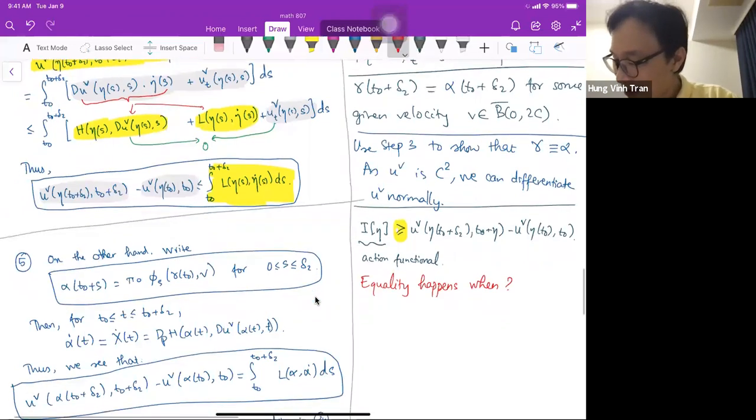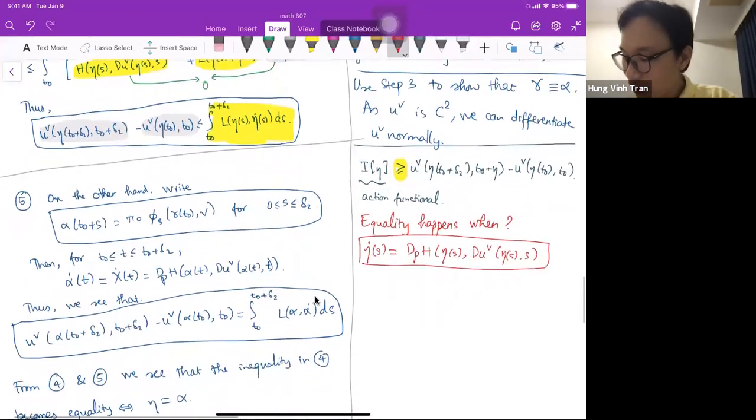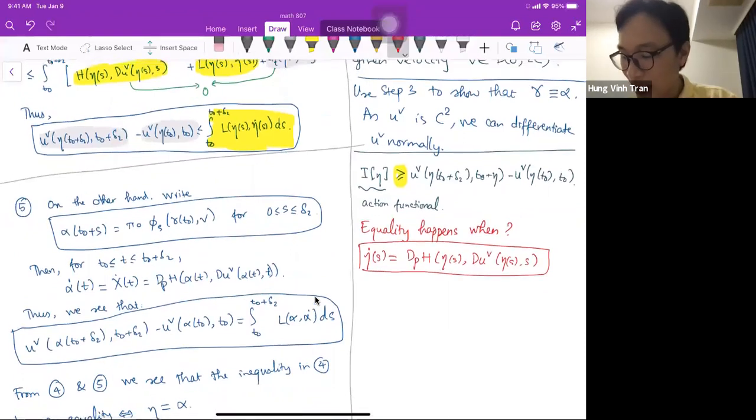Okay, so equality happens exactly when eta dot s is equal to DpH of eta s, DUV of eta s, right? Exactly when that is the case. Nothing more, nothing less. Okay. So you see that that's exactly what I wrote here. On the other hand, if I'm choosing alpha, earlier I was making a mistake of saying eta to be alpha.